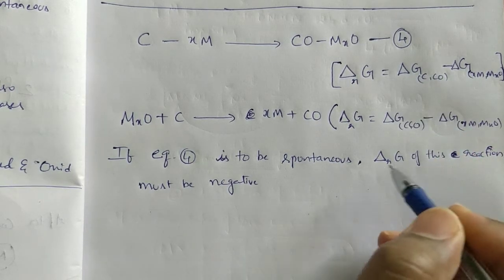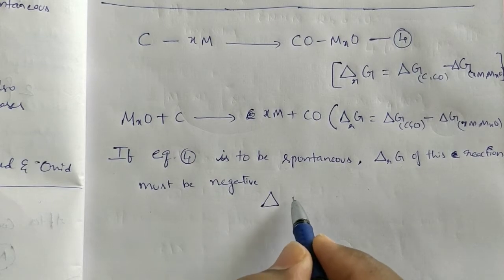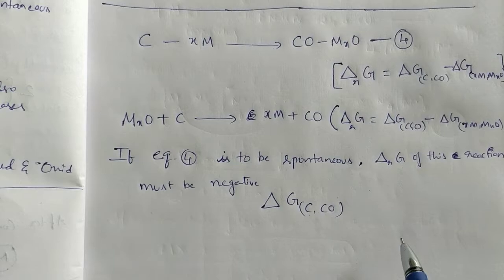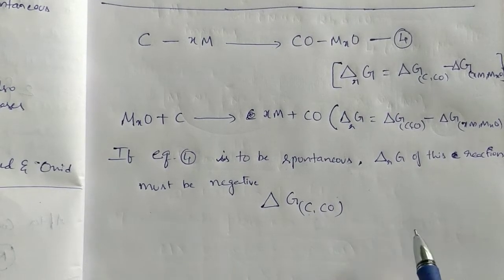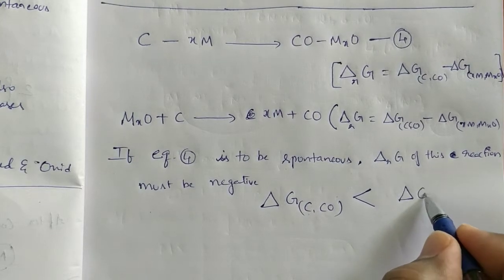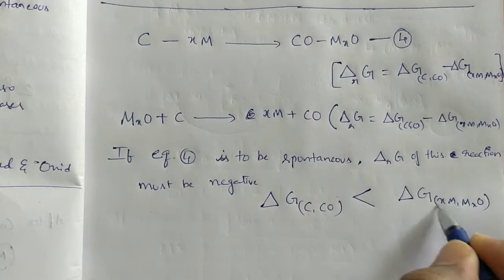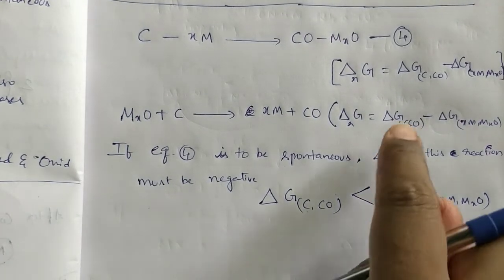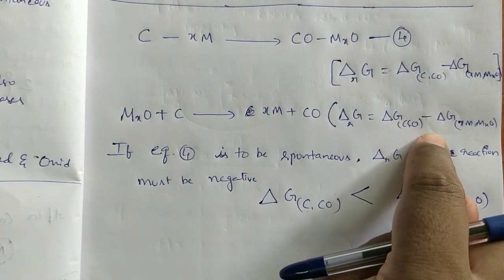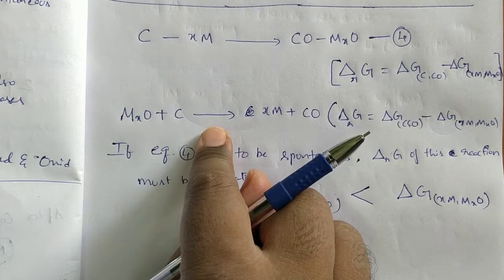Here delta Rg must be negative, meaning delta G of C comma CO must be less than delta G of XM comma MXO. If this is a smaller value and this is a greater value, let us take this is 2 and this is 4. 2 minus 4, you will get a negative value. Then the reaction is spontaneous.